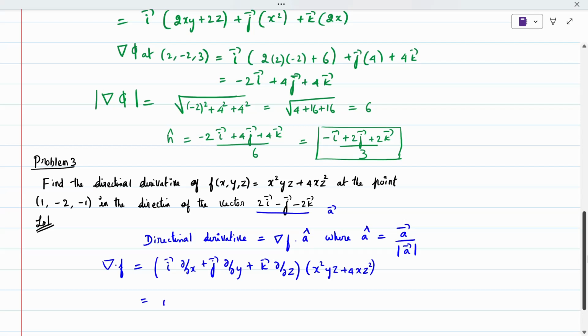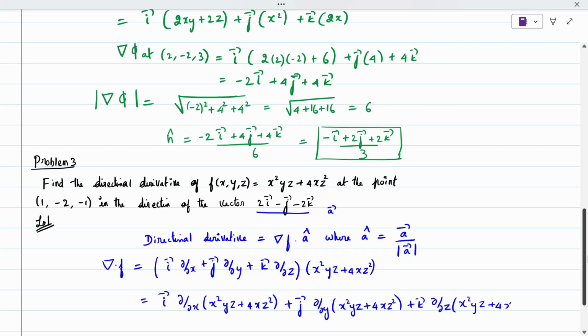Now i vector into dou by dou x, I will find the answer directly, or you can write one more step: i vector dou by dou x of x squared y z plus 4x z squared, plus j vector dou by dou y of x squared y z plus 4x z squared, plus k vector dou by dou z of x squared y z plus 4x z squared. So now differentiate.